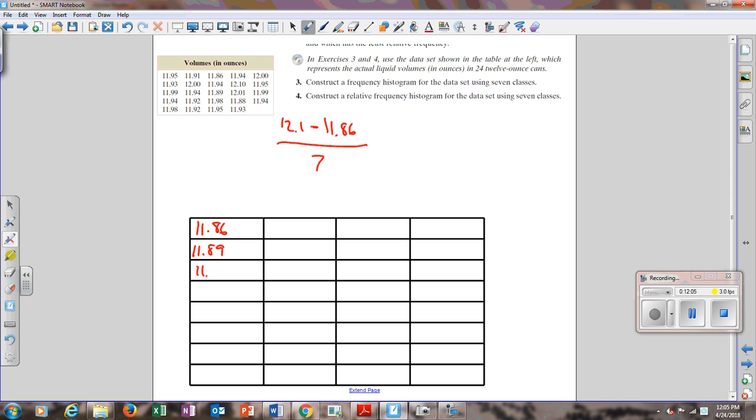Add 0.03 to that, you get 11.92, 11.95, 11.98. So it's going to be 12.01.